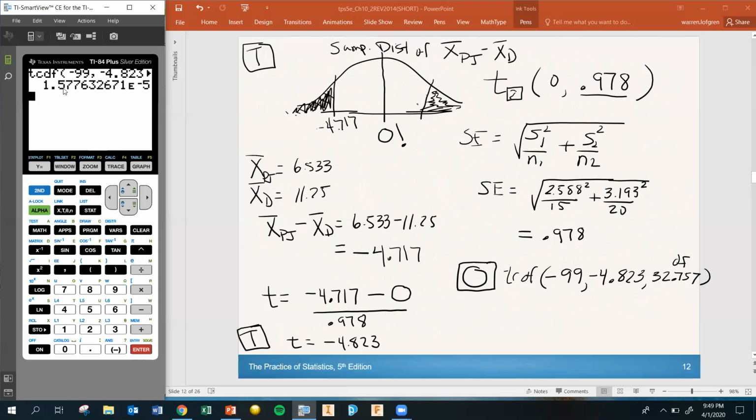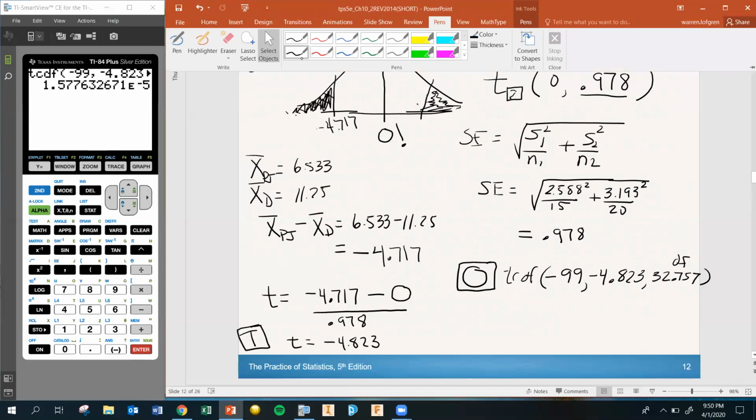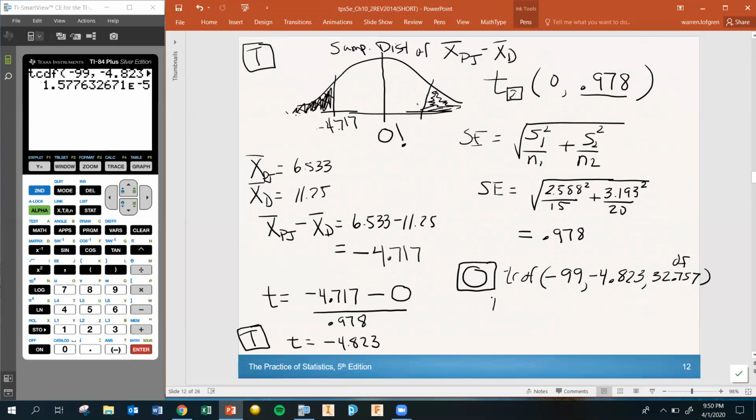So this says 1.57, but there's that e minus 5. So remember that I'm going to record down here again, to get that p-value, the calculator just said this. I'm going to go ahead and move those zeros out. 0, 0, 0. I need one more, I think. 1, 5, 7. But I've got to double that because this is a two-sided test.